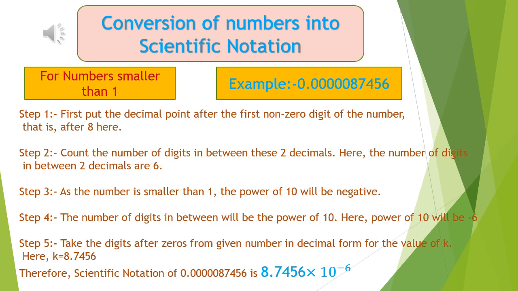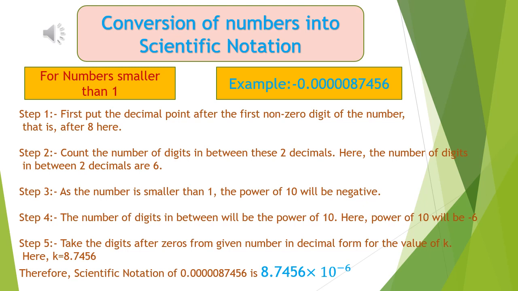See, in your earlier example, there was no decimal point, but in these types of numbers, there is one decimal that is already given, that is 0 point. It means one decimal is given and you have to put one decimal more. That is, you need two decimals.